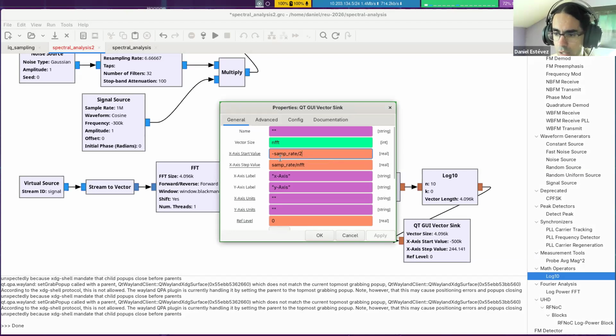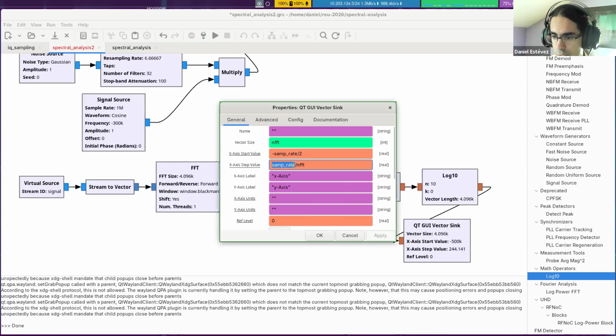This is my frequency scale. If I want my frequency scale to be correct, my start needs to be minus the sample rate divided by 2. That's my lower edge of frequency. Remember that the frequency range goes from minus sample rate divided by 2 to plus sample rate divided by 2. And then the step is how much increment in frequency I have for each of my 4,096 points.